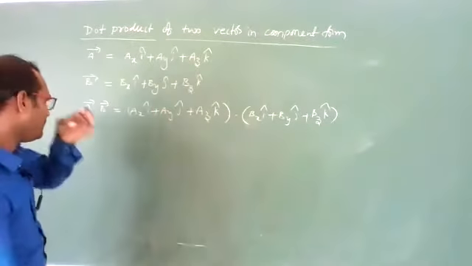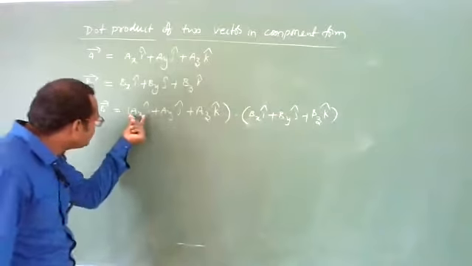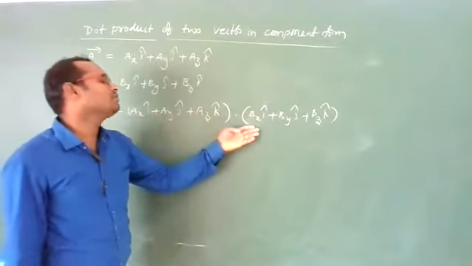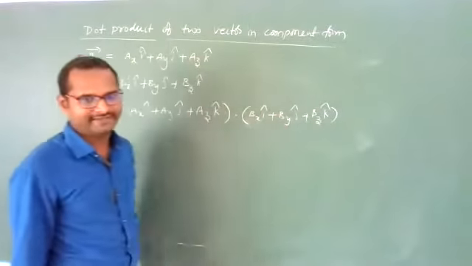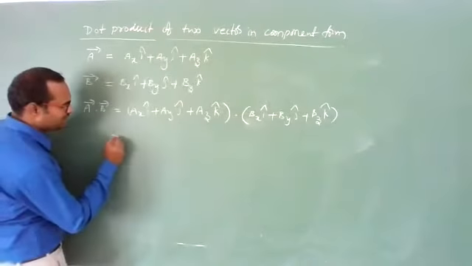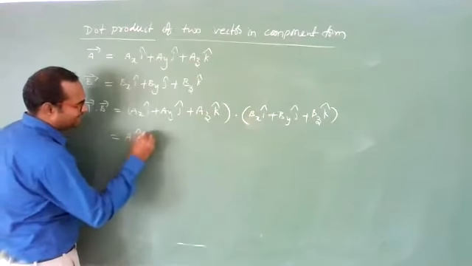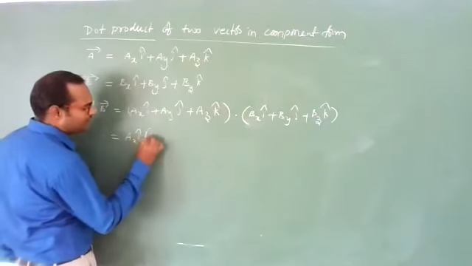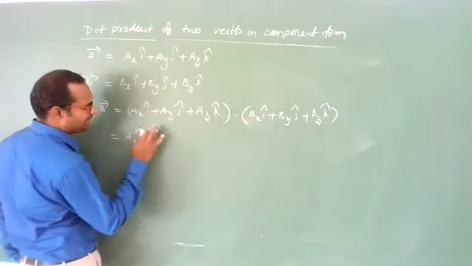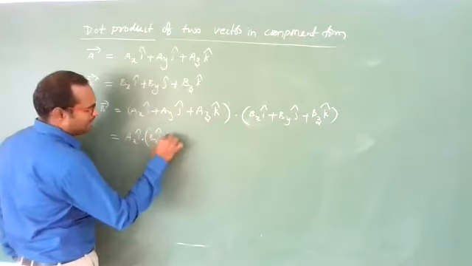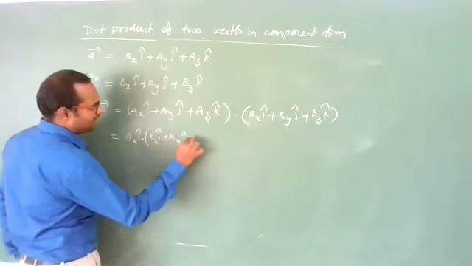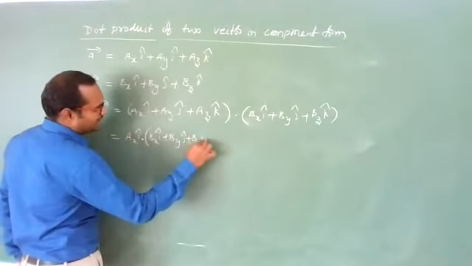With each and every term we should multiply with the dot product. Let us do that. First, ax i cap, with this dot product we should multiply b bar: bx i cap plus by j cap plus bz k cap.